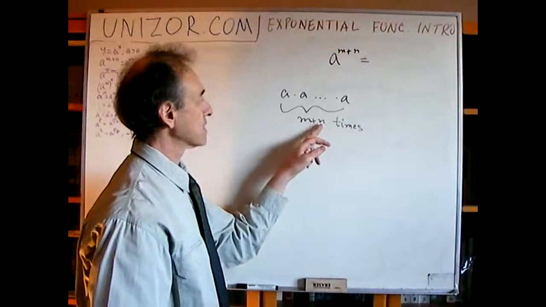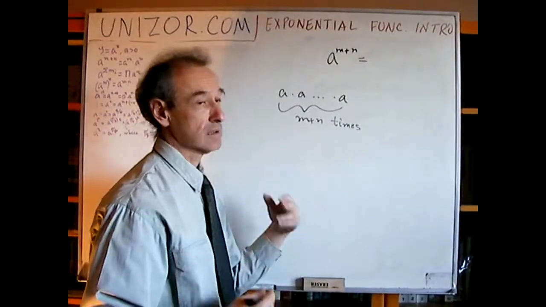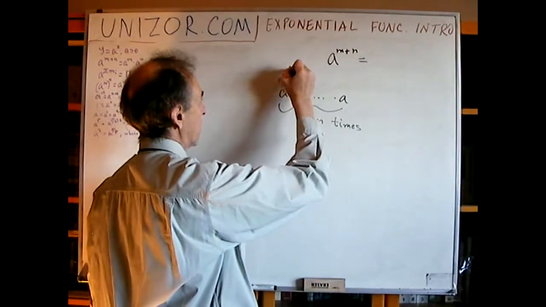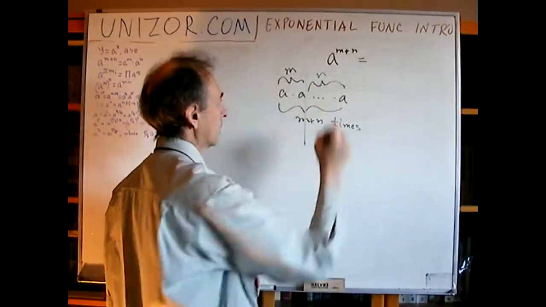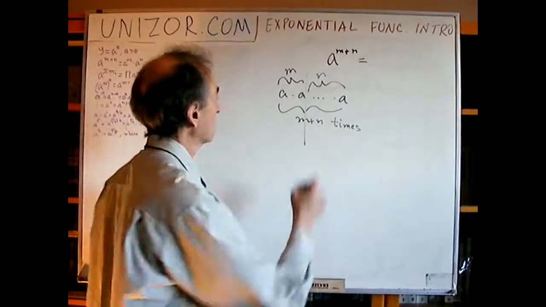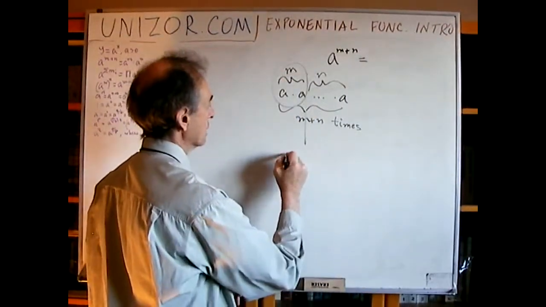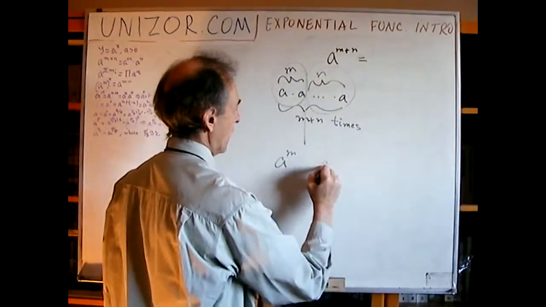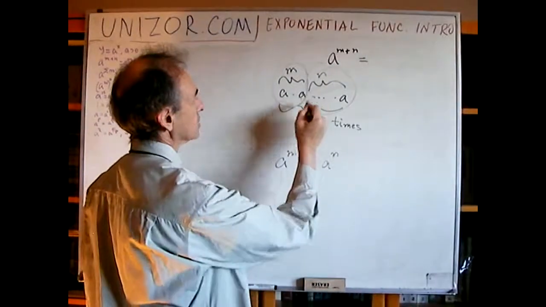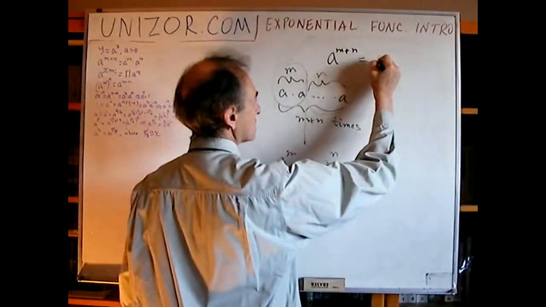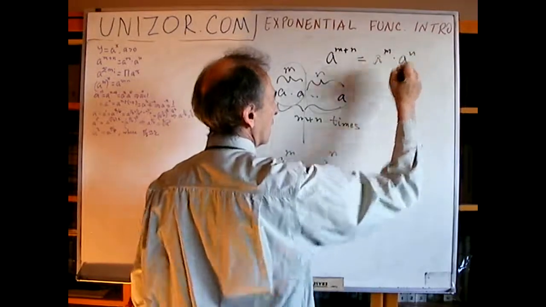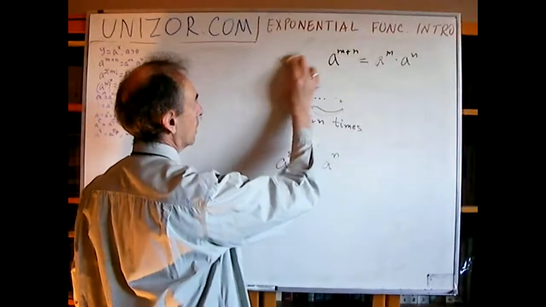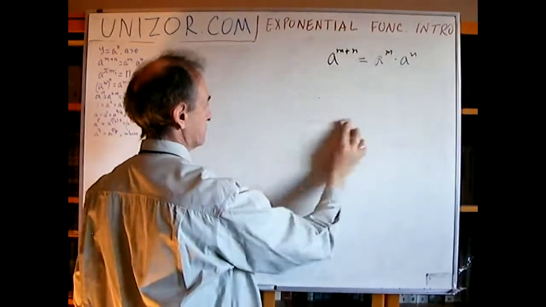Now, if this is m plus n times, where m and n are natural numbers, then I have m times and n times, correct? Now, this piece is a to the mth power. And this is a to the nth power. And they are multiplied by each other. So this is a very important property of natural exponents.